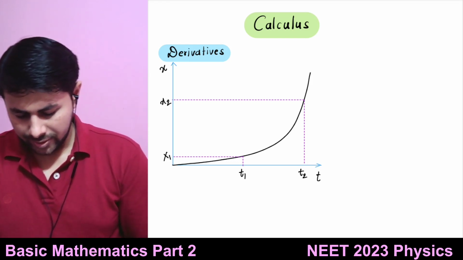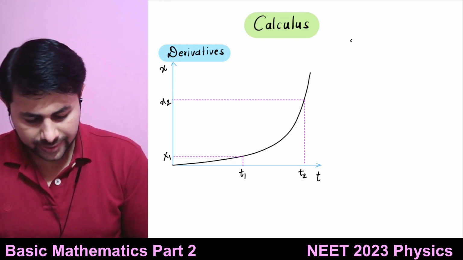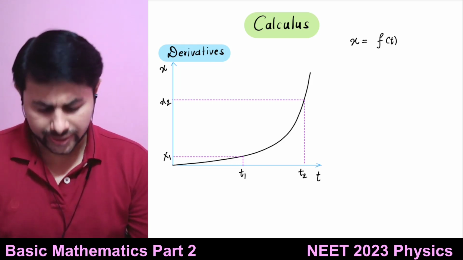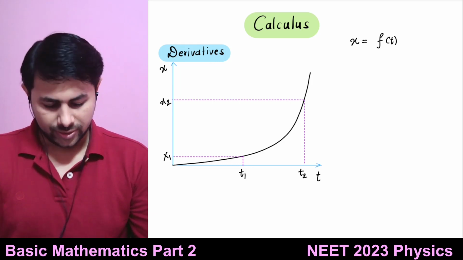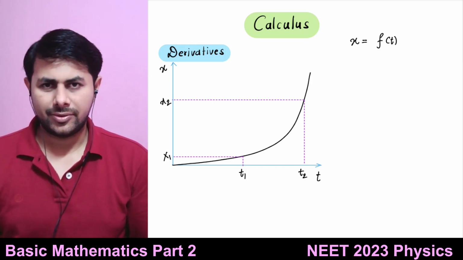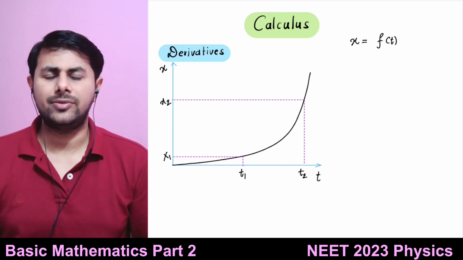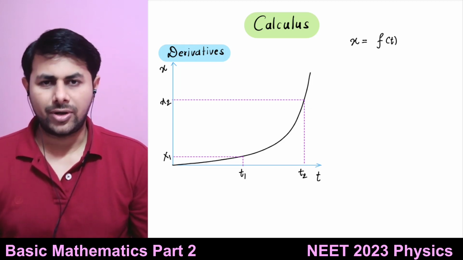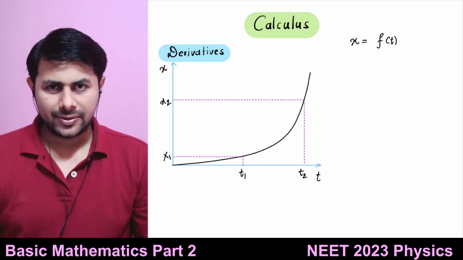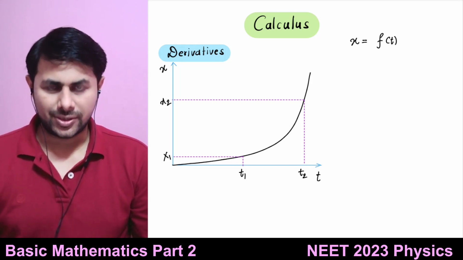So here x is a function of time. We already learned about functions, right? So x depends on time. For every value of time we get a particular value of x, one and only one value of the position.